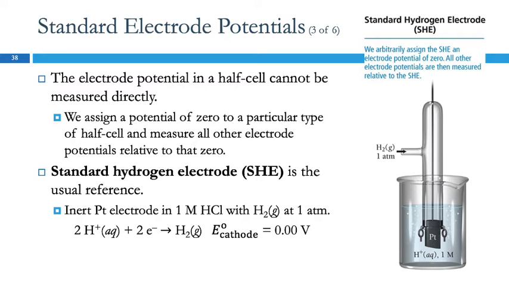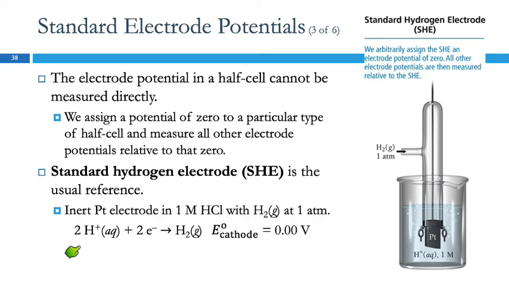And the zero point that was chosen is called the standard hydrogen electrode, or SHE. Standard hydrogen electrode, we've got an inert platinum electrode in 1 molar HCl, and we have hydrogen gas at 1 atmosphere. And so we've defined that as 0.